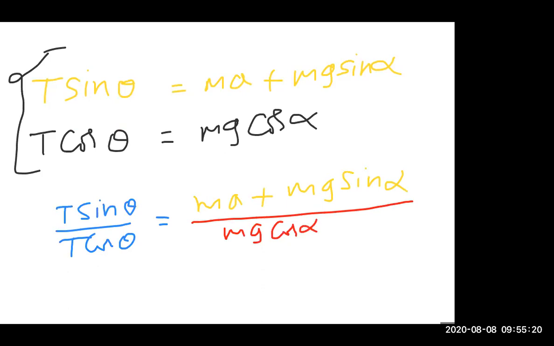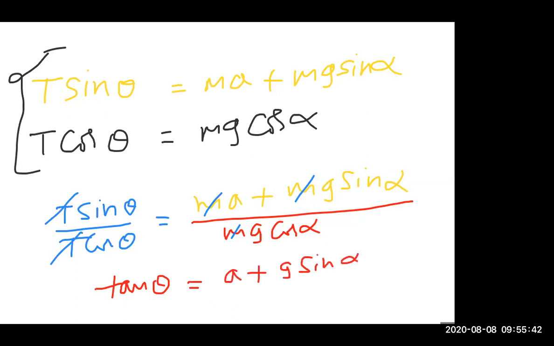Now in the RHS, taking m common in the numerator, I can cancel the m's with the denominator. Here also I can cancel the tensions T and T. So sin theta by cos theta is tan theta. And here we have A plus g sin alpha in the numerator and g cos alpha in the denominator. This is the relation between theta and alpha.